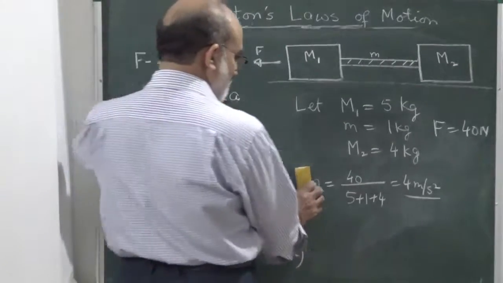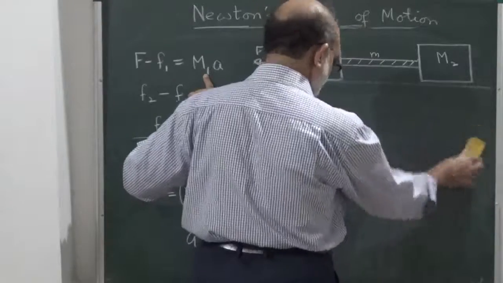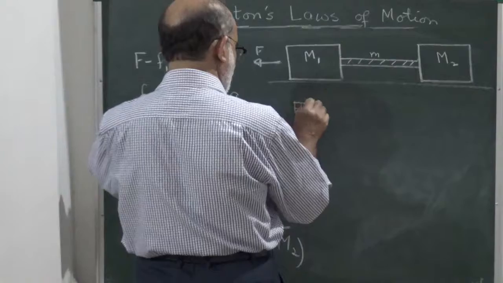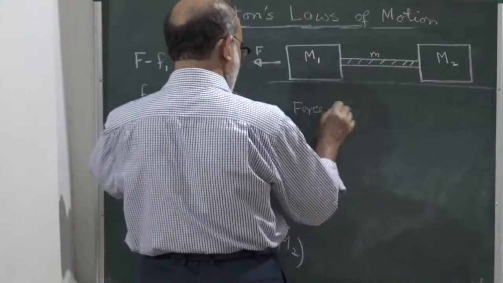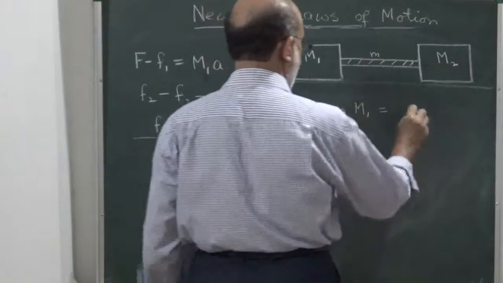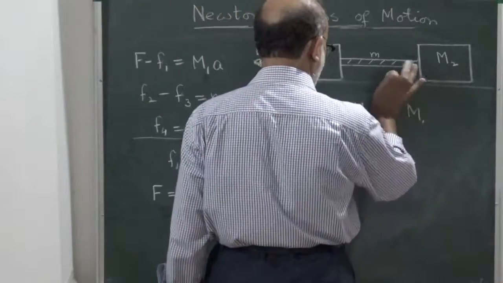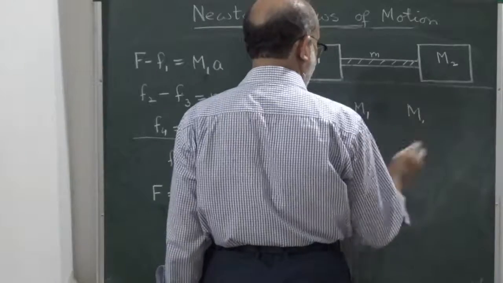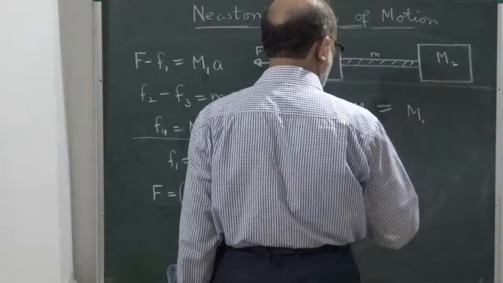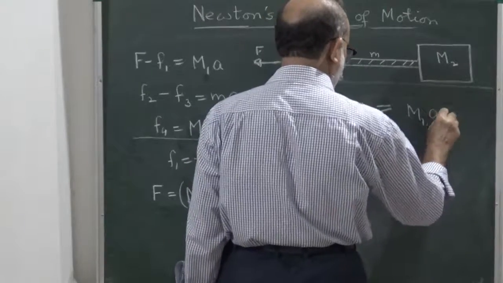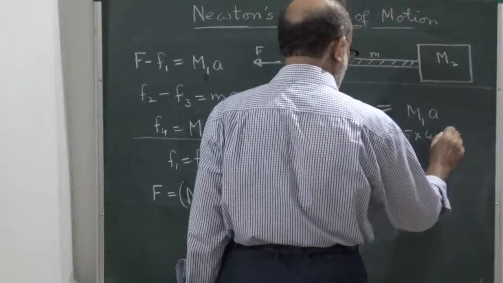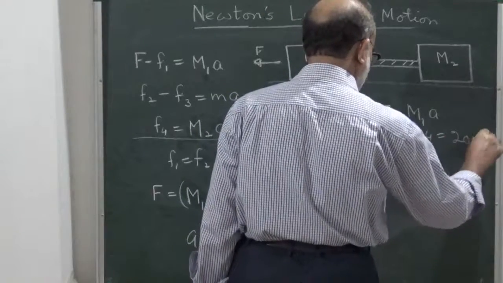So the force on M1 is M1 times A, and M1 is 5 and A is 4, so it is 20 Newton.